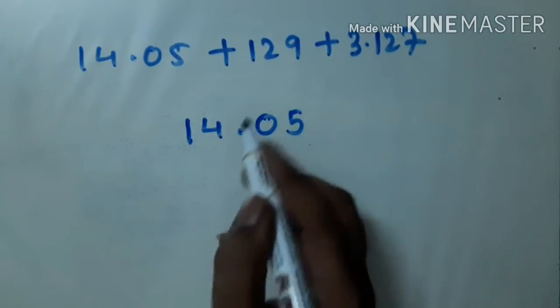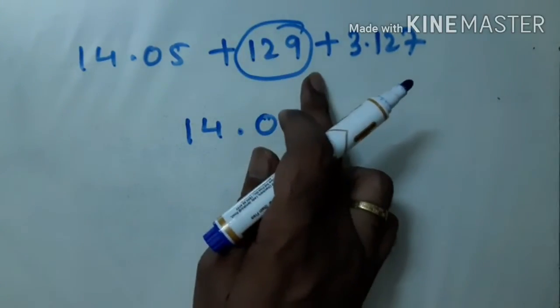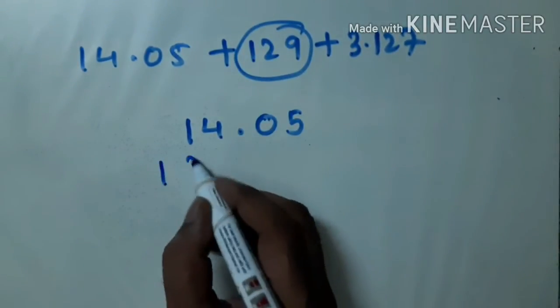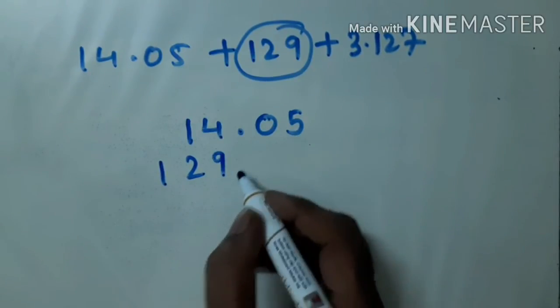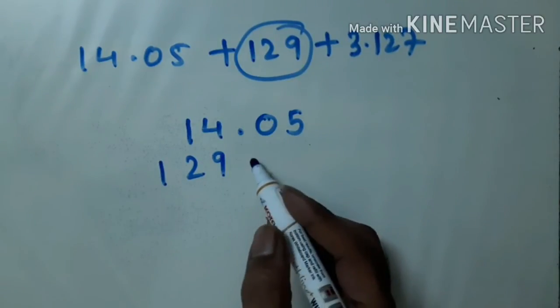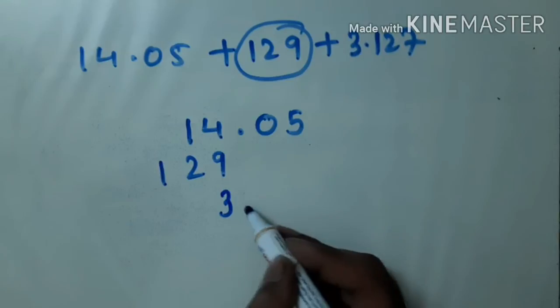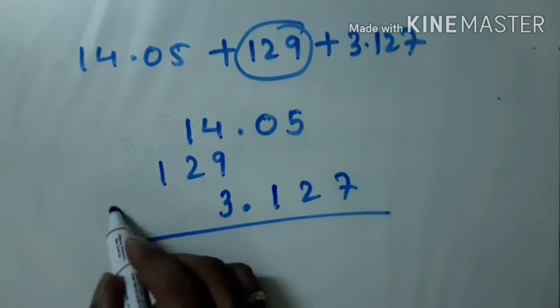So first we'll write down the first number, 14.05. So 129 is a whole number, so it should be under the number part. So 9 is in 1's place, 2 is in 10's place, 1 is in 100's place. So under the number part only it will be. Next the last number is 3.127. So 3 is in 1's place, point under point, 127.